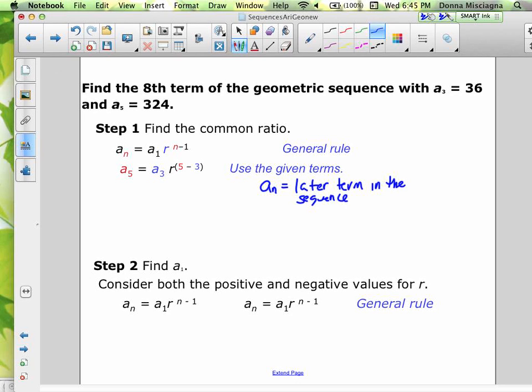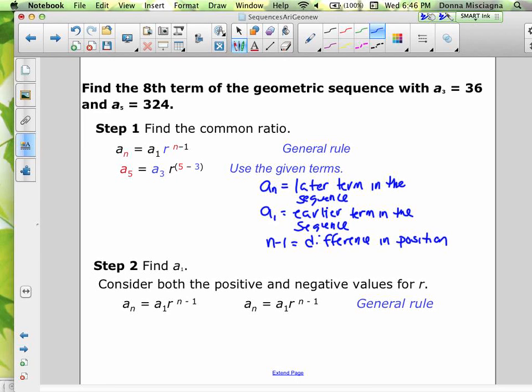All right, so later term in the sequence. Your A1, you're going to use your earlier term in the sequence. And the n minus 1, you're going to use the difference in the positions of those terms.